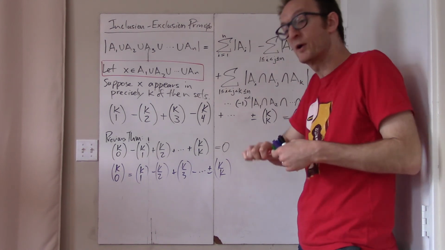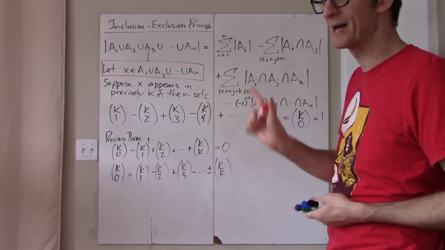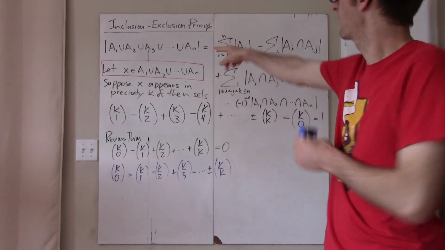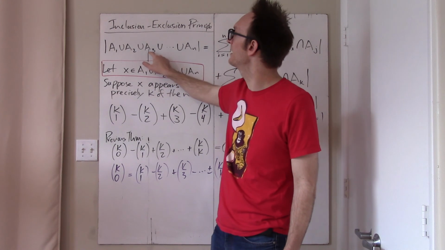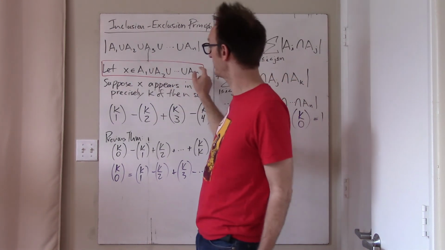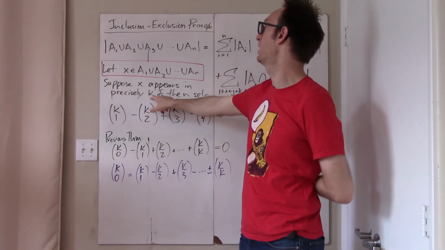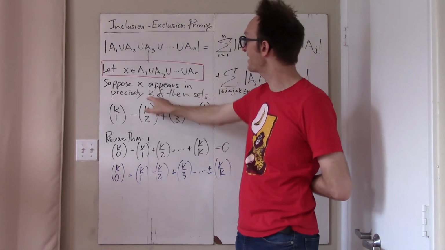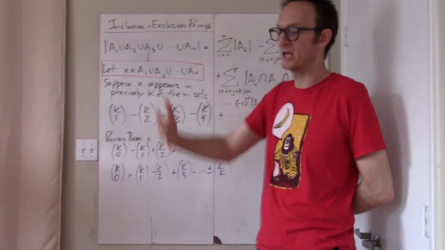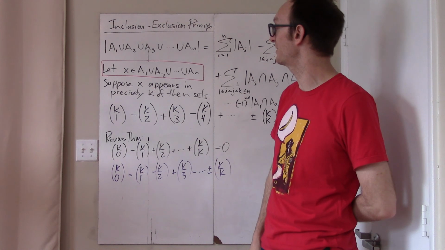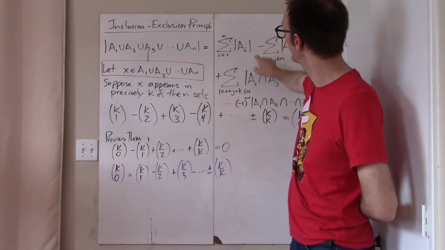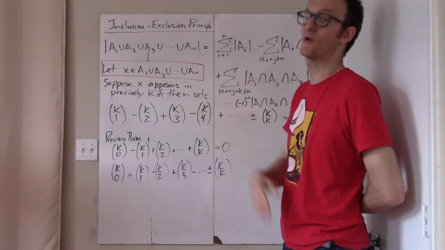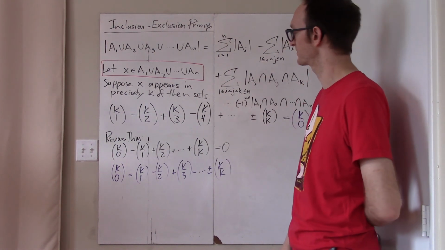And if every single object gets counted 1 time, based on, we're sort of doing a proof by cases on how many of the n sets x appears in. So we said arbitrarily that suppose x appears in k of the n sets. So no matter how many of the sets x appears in, for each k, we have argued in general that x gets correctly counted, which is to say it gets counted once.